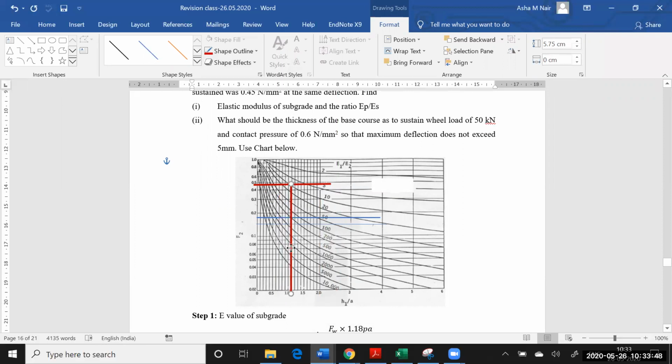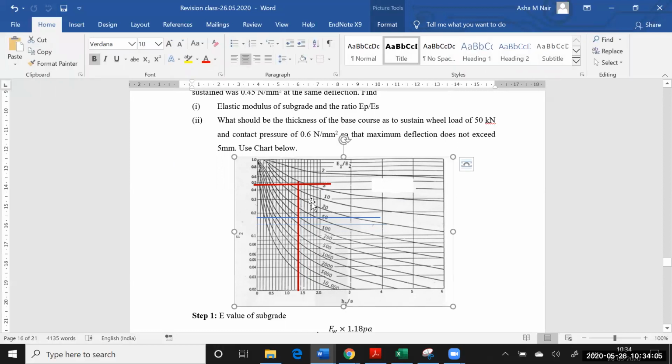This is 1 versus 1.2 and this is 1.4. So the value for E1 by E2, you will be getting it close to... this is 5, this is 10. So this value is close to 7, right?